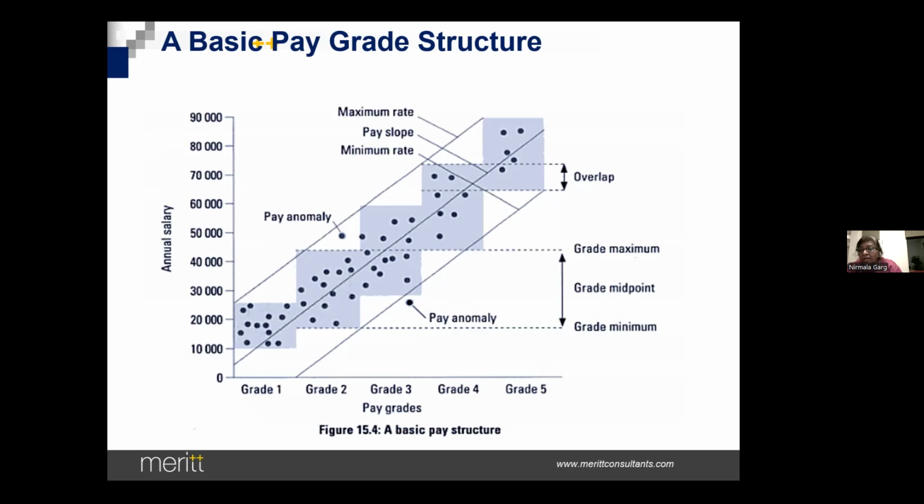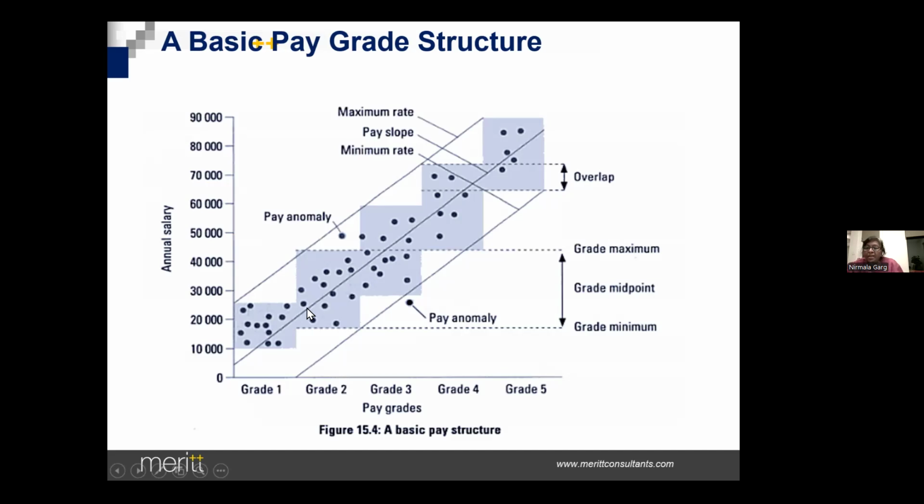I cannot continue to keep him in the lower grade. So to what extent you want to give that overlap depends on you. As I said, the overlap could be from midpoint to midpoint, or a little less than the midpoint. And this is an IT company.